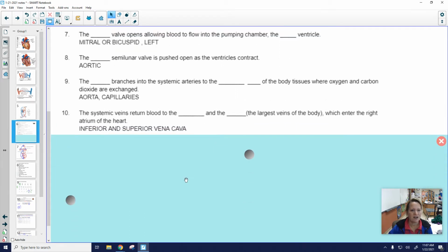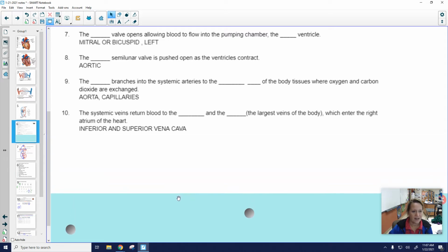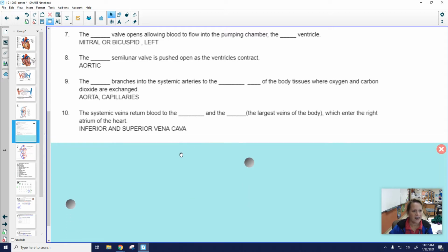The systemic veins return the blood to the inferior and the superior vena cava, which are the largest veins in the body, and those enter into the right atrium of the heart. And that is it for the return.